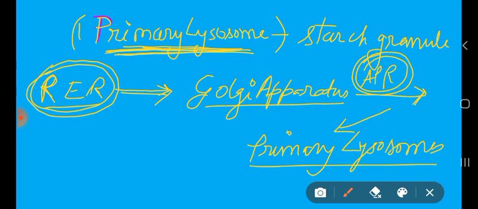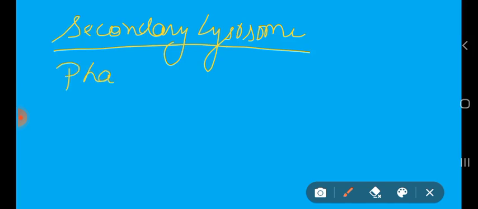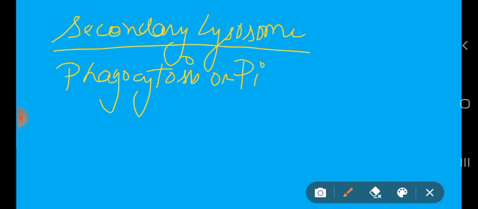Then the secondary lysosome, also known as heterophagosome or digestive vacuole. The secondary lysosome mainly occurs due to phagocytosis or pinocytosis. You have learned these terms when I talked about the plasma membrane, right?